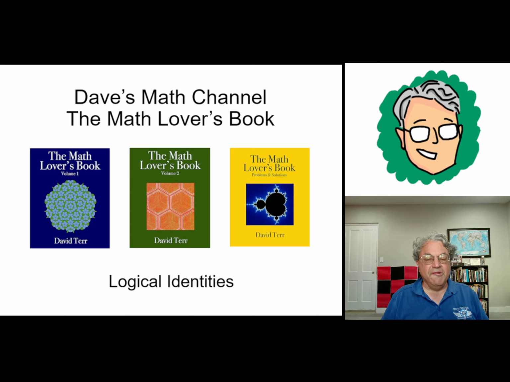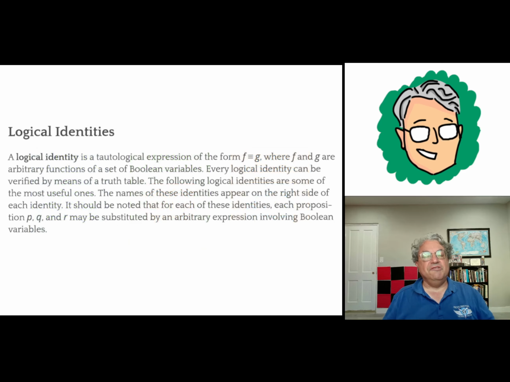Anyway, today I'm continuing my feature on logic, chapter 7, and today I'm going to talk about logical identities, which are a very important tool in making logical arguments, as we'll see in a few lessons. Anyway, let's begin. So, what is a logical identity? A logical identity is really just another name for a tautology.